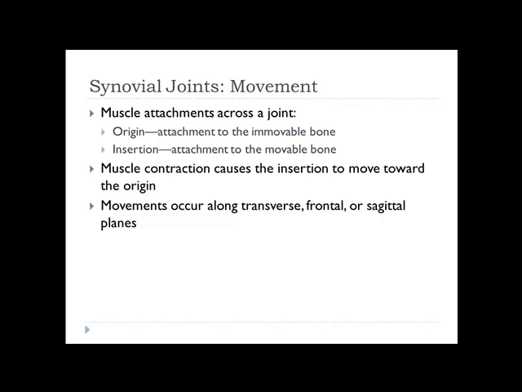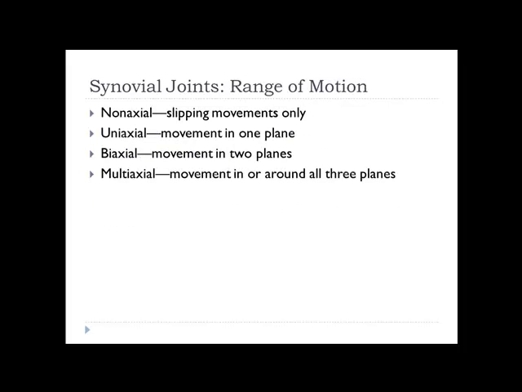The movements that you can have, they can be along different planes. They could be our transverse, frontal, or sagittal planes. Okay, with our joints, they're going to have different types of motion. They can be non-axial, which means they'll slip around. They'll just kind of shear about one another. They can be uniaxial, like your elbow. It's just going to go straight up, straight down.